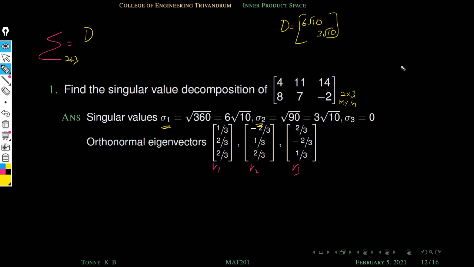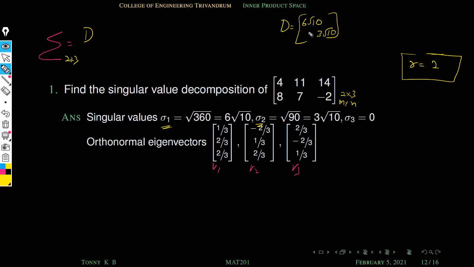So what is the value of R in this problem? That is 2. That is the rank of this matrix, or the number of non-zero eigenvalues, or the number of non-zero singular values; all are the same.